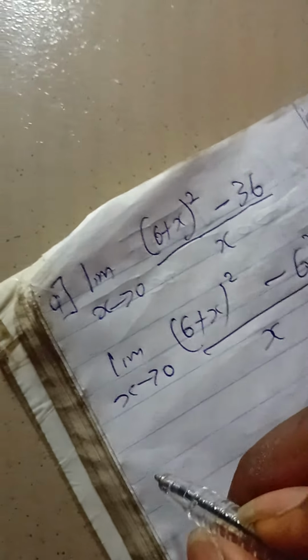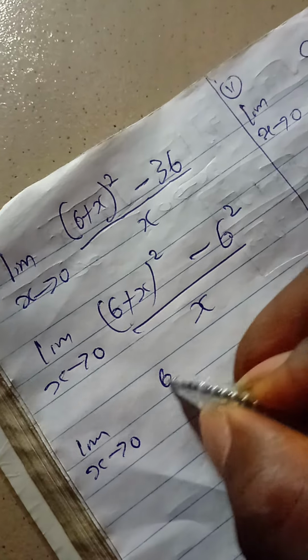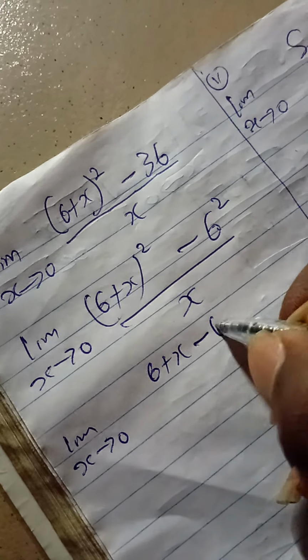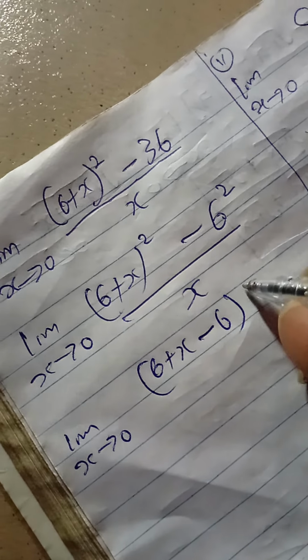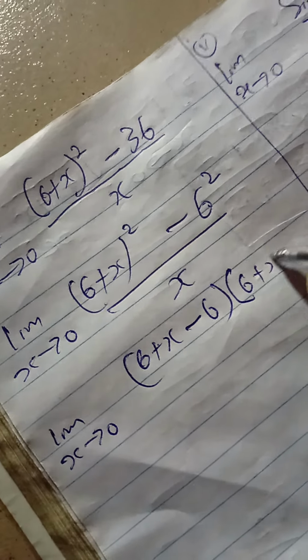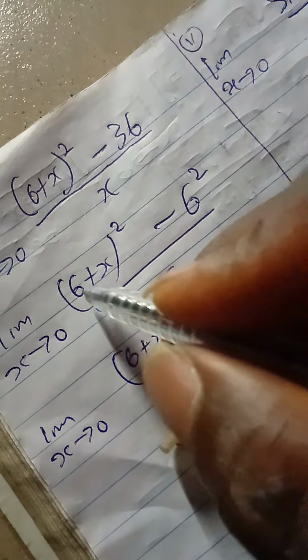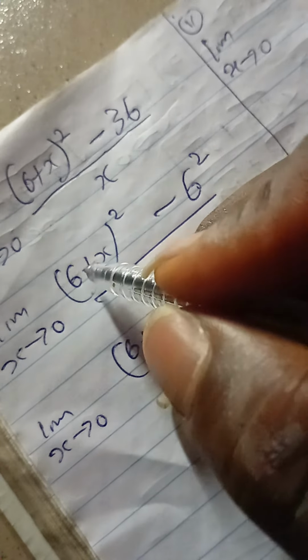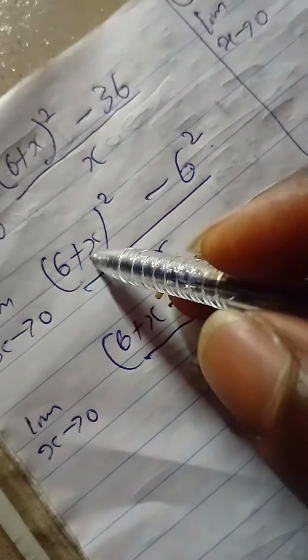So this guy is going to give us limit as x tends to 0 of what? 6 plus x minus 6. You know our 6 plus x is a minus b, a plus b. 6 plus x plus 6 over x. Now this is in brackets, just like one thing. A minus b, same a square minus b square equals to a minus b multiplied by a plus b.